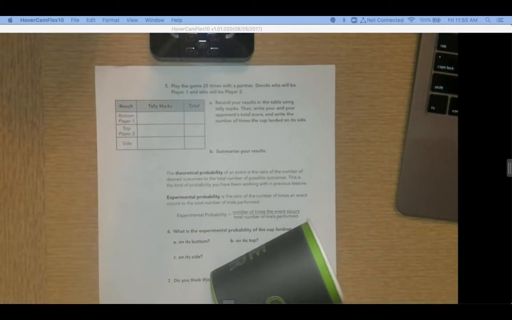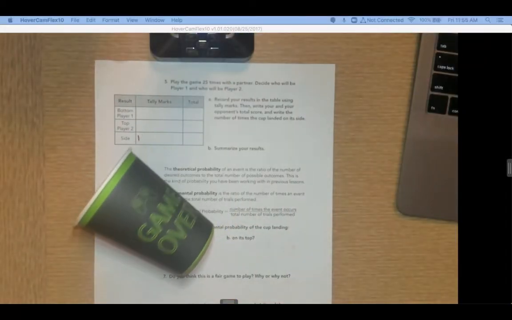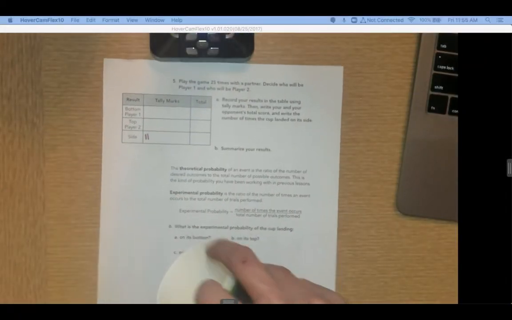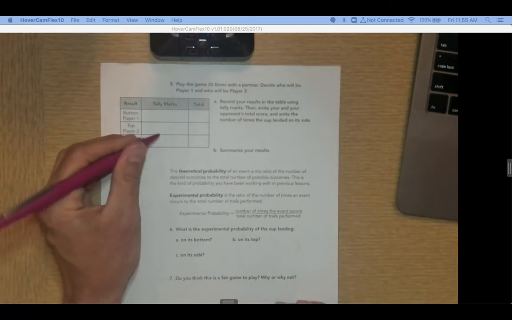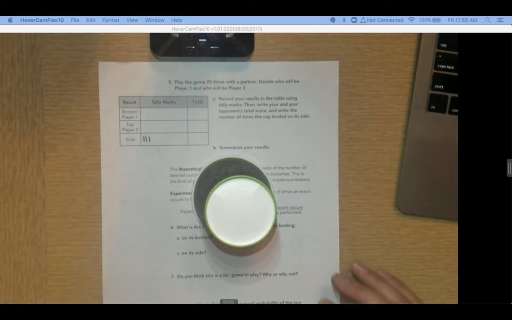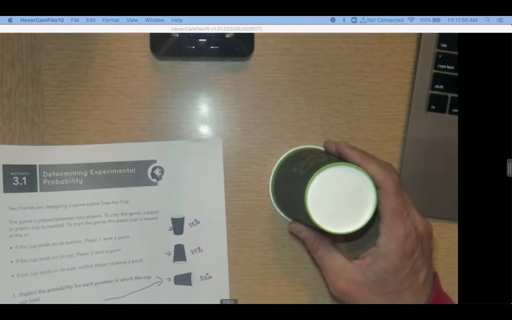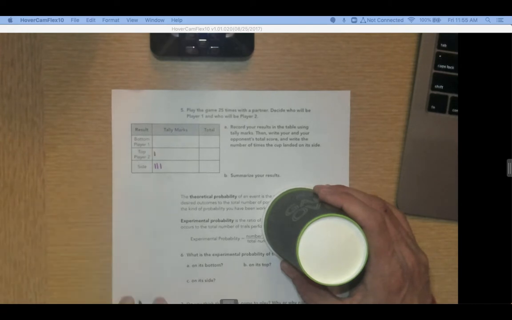Side. Side. Side. Huh. Which one was that again? And it's like that. It's on its top. So that's top. Okay. Side.